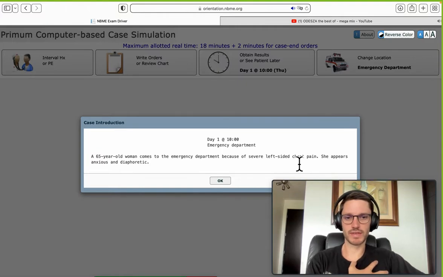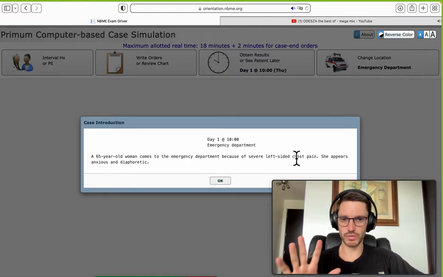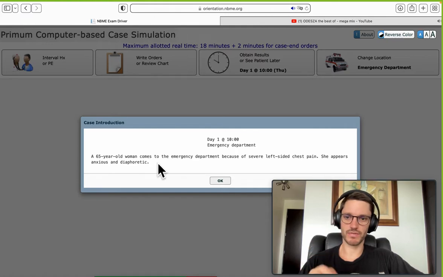Even if it's right-sided, it might still be coronary artery disease, but yeah, it's left. It's a little more suggestive. We'll see what else. She's anxious and diaphoretic. So this diaphoresis could be a coronary equivalent, or it could actually be an anxiety attack.